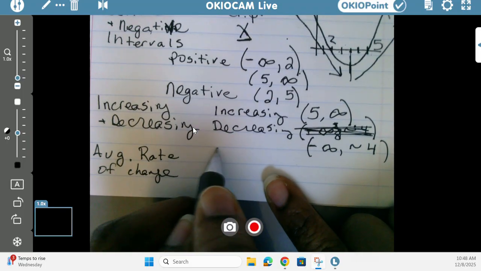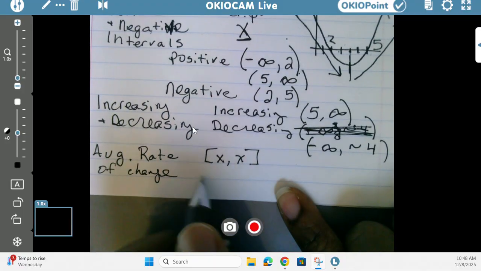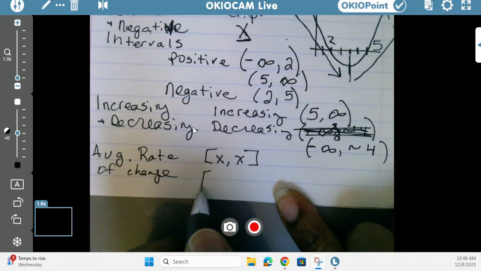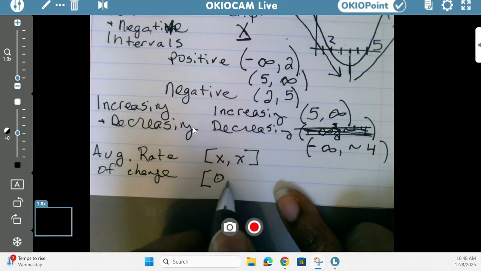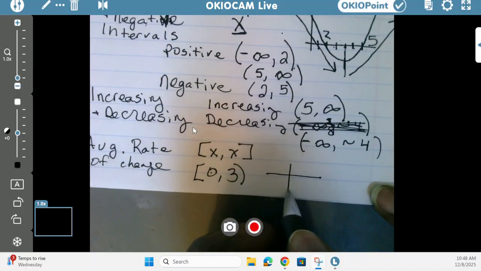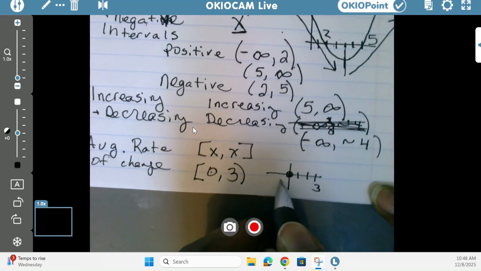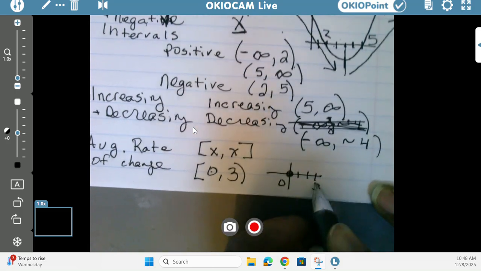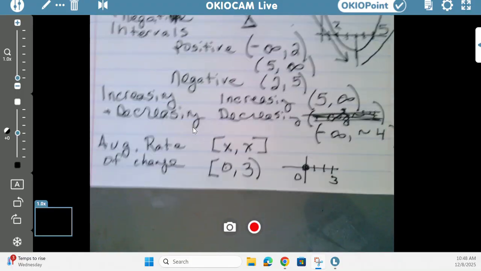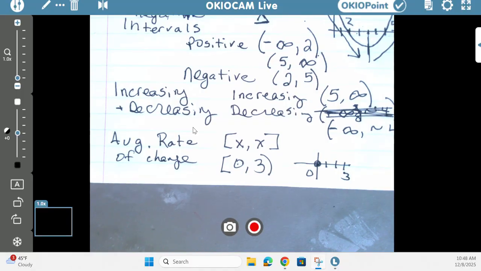So it is going to be written with x and x. If they ask you what's the average rate of change from 0 to 3, that is along the x-axis. From here to there. I want to make sure we're clear on the notation. When we study average rate of change, the notation is x to x.